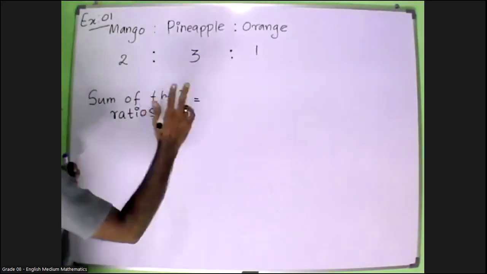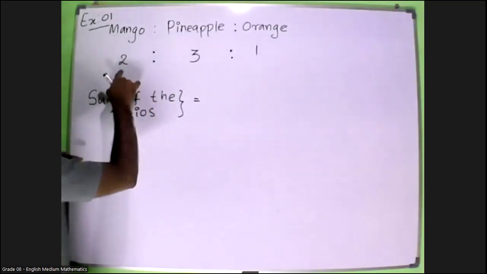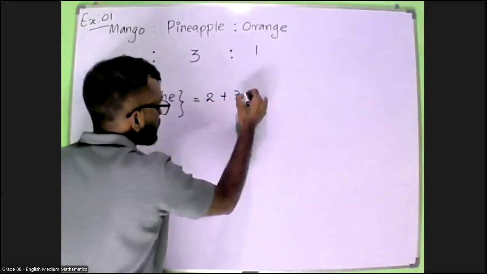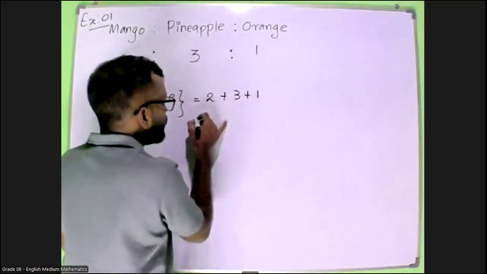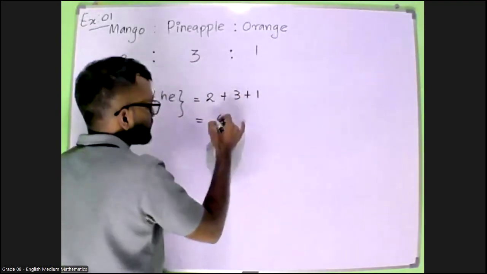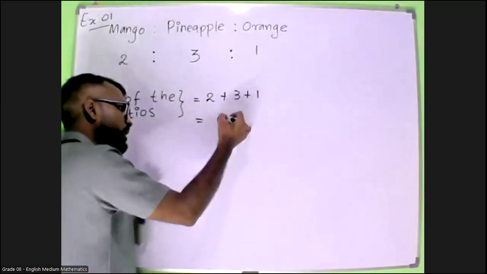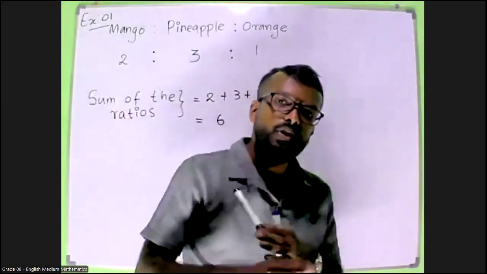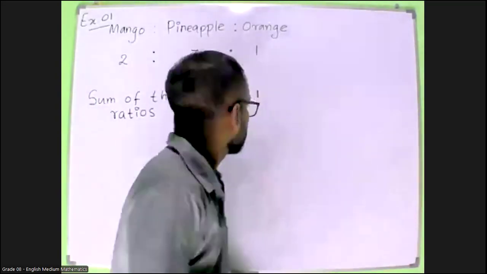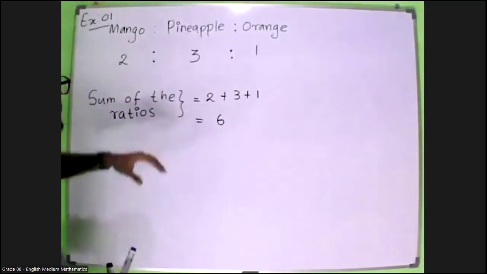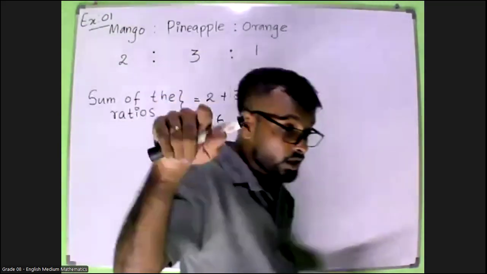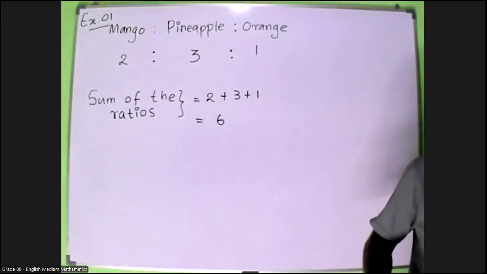Sum of the ratio. So what are the ratios? 2 to 3 to 1. 2 plus 3 plus 1. It will give you 2 plus 3, 5, 5 plus 1, 6. And if you obtain this one, the question has been done up to 80%. Now let's find the fraction of mango in the juice.